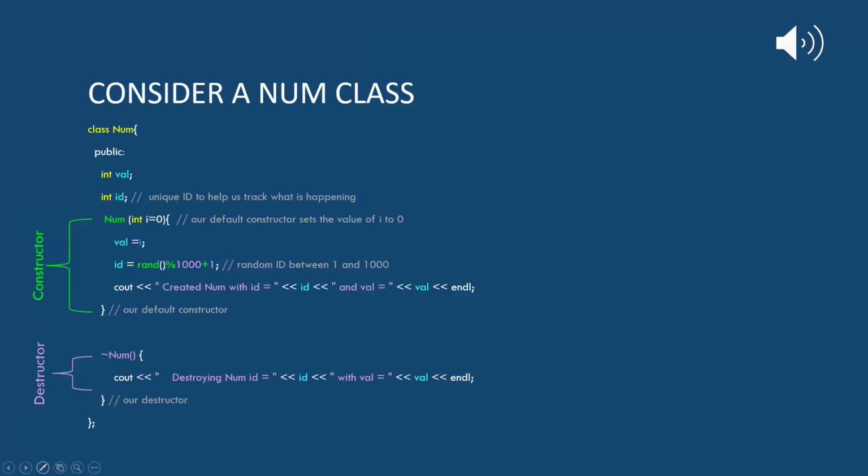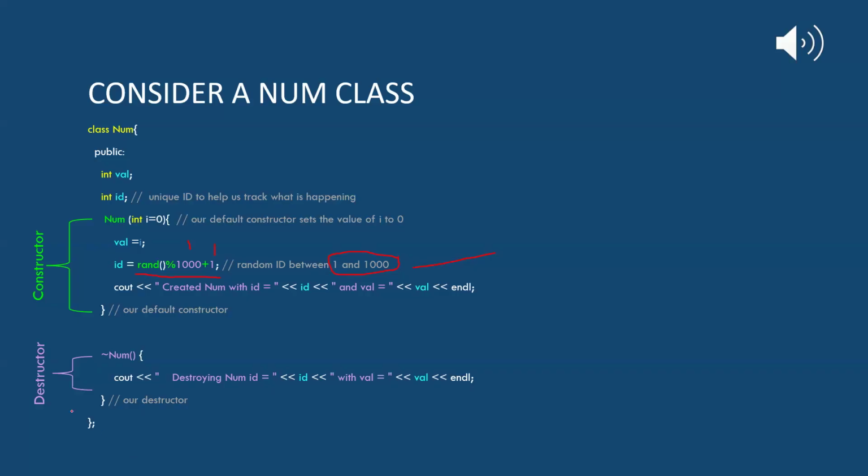The way we're going to do that is a little bit hacky: we're going to pick a random number between 1 and 1,000, okay? Generate a random number, modulo 1,000, shift it by 1. So all of our instances should more or less probabilistically have a unique ID for just a couple of these examples. I would never do this in production code.